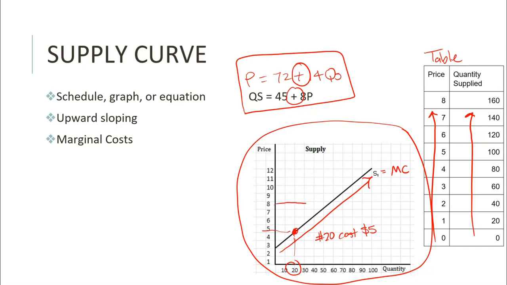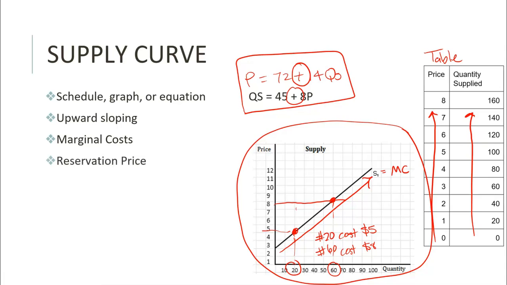Or if we're talking about a price of $8, quantity of 60, that means unit number 60 cost $8. Unit number 20 still costs $5. So if they can sell it for $8, that means on these earlier ones, they actually made a profit, right? They made more than what it cost them to produce. And we will definitely get into that a lot more later as well.